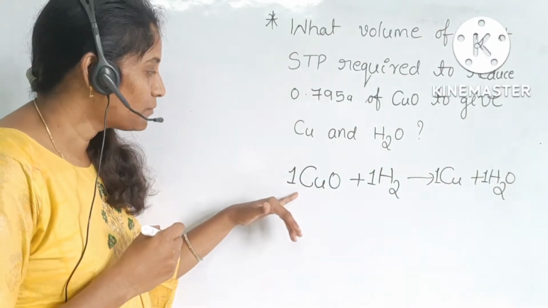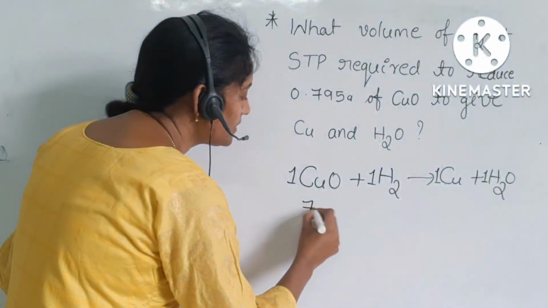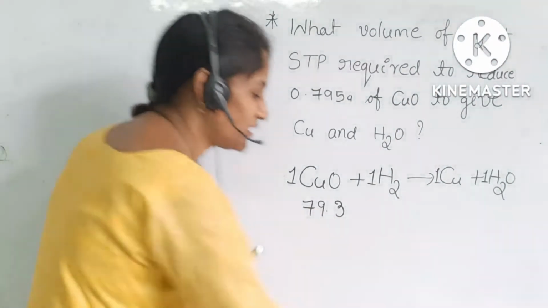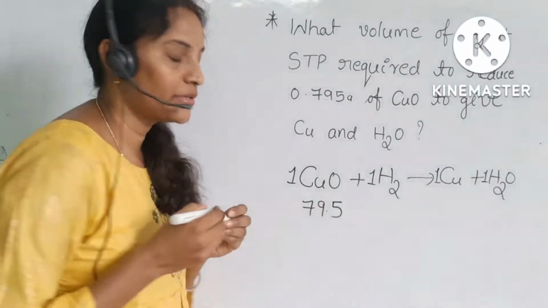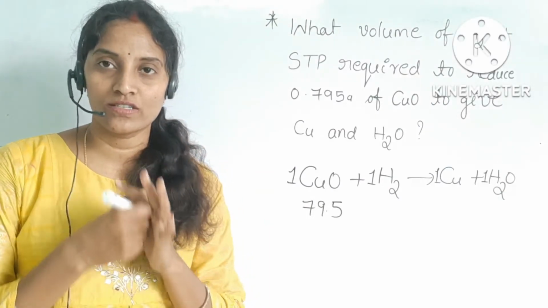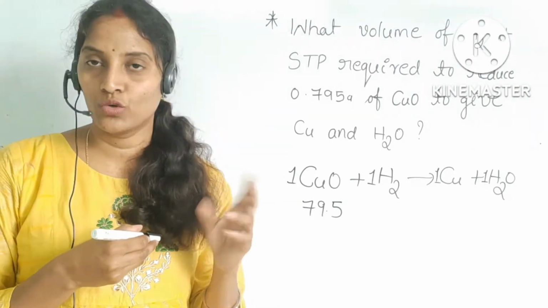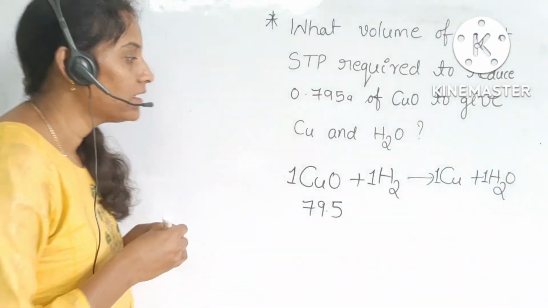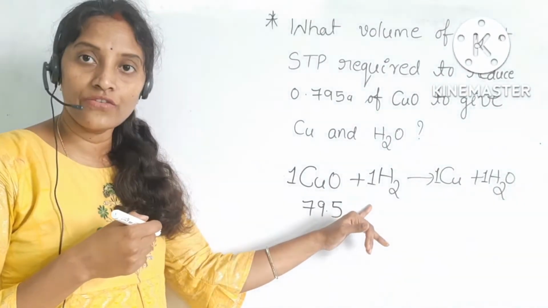Now what is the weight of this 1 mole of copper oxide? That is 79.5 grams, because copper's atomic mass is 63.5 and oxygen's atomic mass is 16 grams. So you can add those two and you will get 79.5 grams of copper oxide. Then this 1 mole of copper oxide needs 1 mole of hydrogen gas.